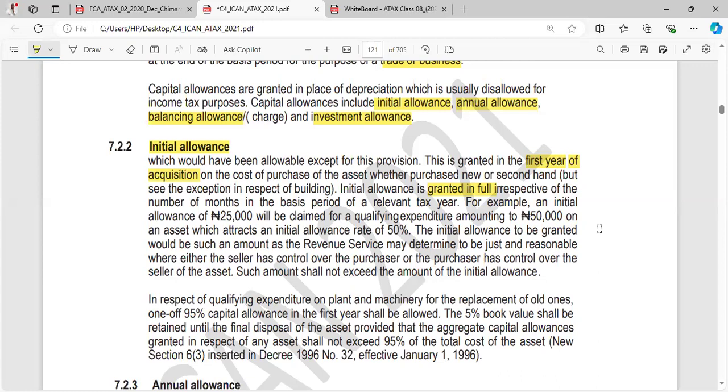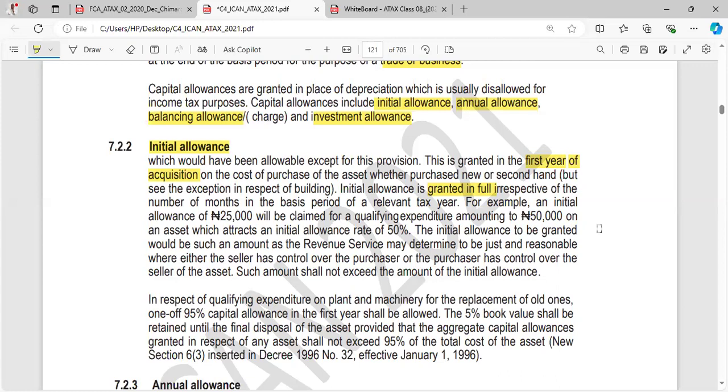And you bought that asset and put it to first use on December 31st. The month is ending that day, but you will claim full capital allowance for that year. Let's say the initial allowance is 50%. You will claim initial allowance of 25 million for that year because of putting it to use, even if it is on the last day that you put the asset into use. That's what we are saying.